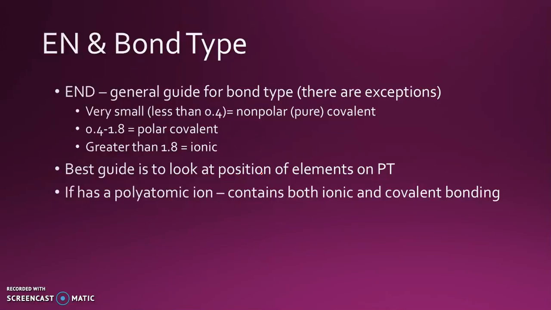And this is because within the polyatomic ion, you have multiple nonmetals. Each of those nonmetals will be held together with covalent bonding. But it is a group of ions or group of atoms with a charge that's held together to another ion through an ionic bond.